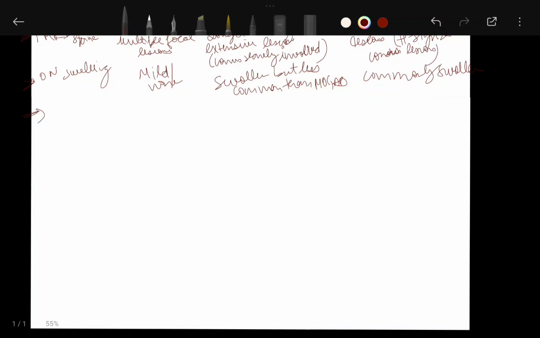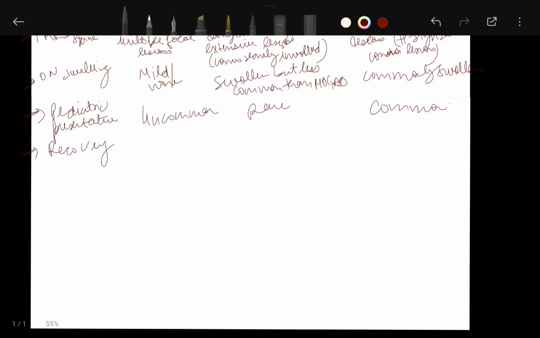After that, pediatric presentation. Again, common in MOGD, rare in NMOSD, uncommon but still can be present in multiple sclerosis. Recovery. Based on the prognosis, we can say that MOGD is good, there is some risk of poor recovery in NMOSD, and it is very good in multiple sclerosis.